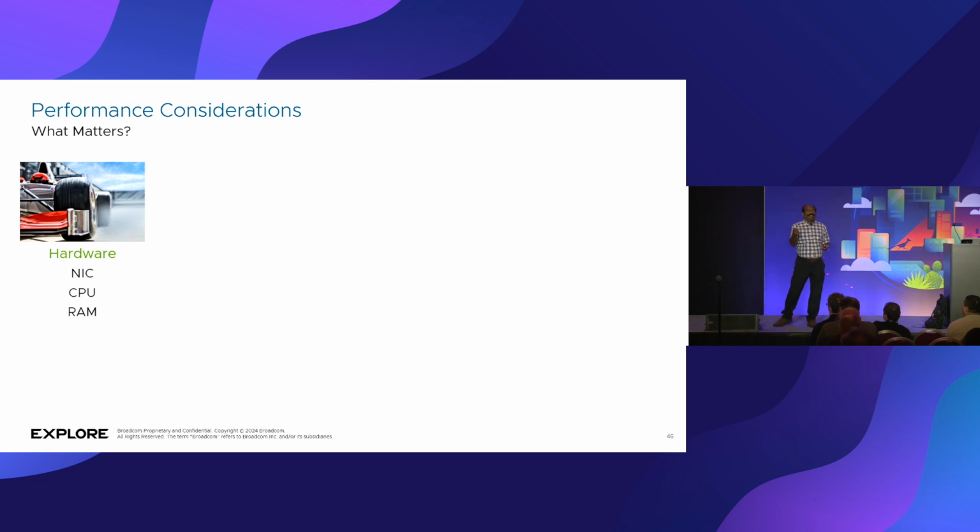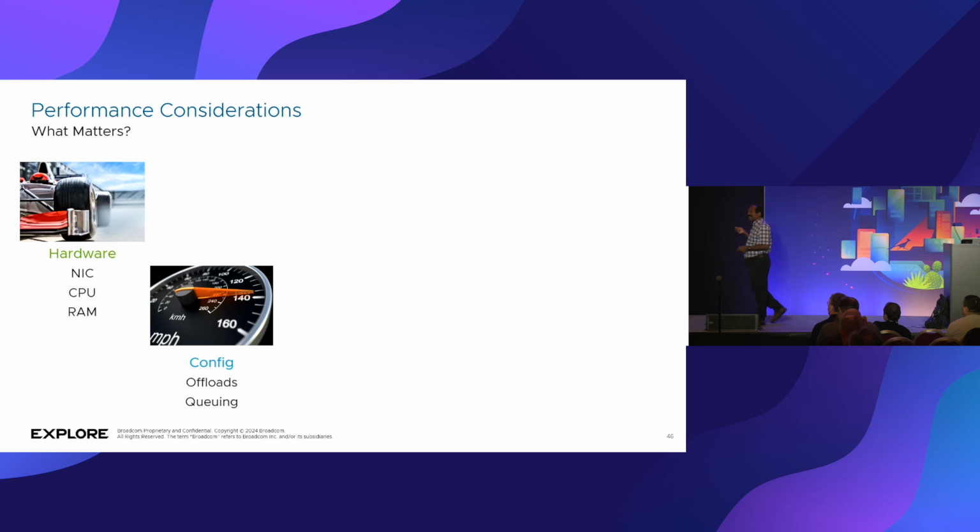You look at the NIC cards, the CPUs, the RAM, what you have allocated, how you have carved it out. You look at the configuration, what offloads you are using if you are using the standard data path. If you go with enhanced standard data path, then you don't have to worry about config much in terms of tuning, because it's tuned right from the get-go.